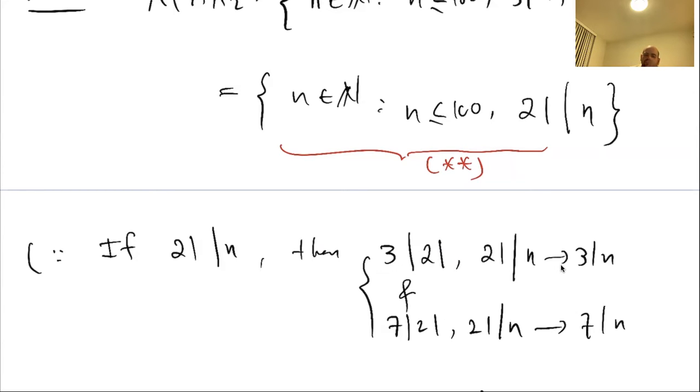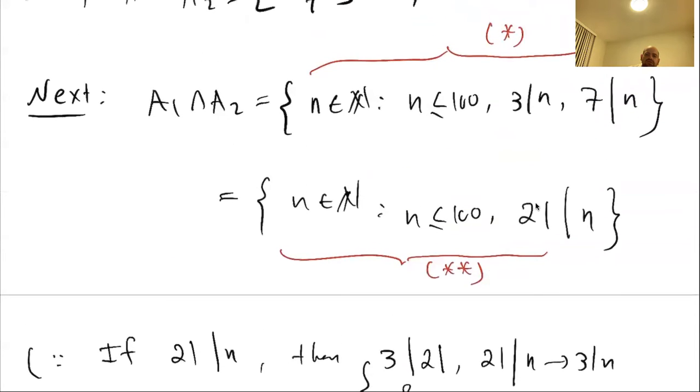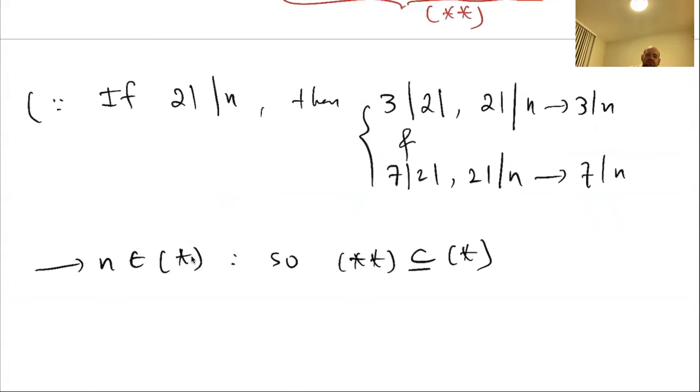Transitive property, basically: 3 divides 21, 21 divides n, then 3 divides n. And similarly for 7. So 3 divides n and 7 divides n, which means my n will be in this set. So if I take an element in 2 star, it will be in star. And that means 2 star is a subset of star.